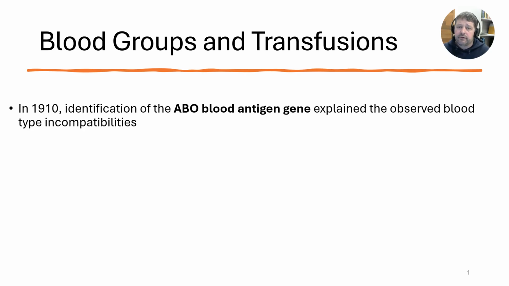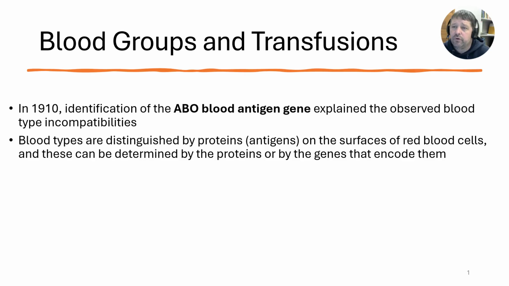At any rate, we've known about the ABO blood antigen genes and system for a very long time. The genetics was worked out much later than the 1900s, but the actual proteins or antigens associated with the blood were discovered in the early 1900s.